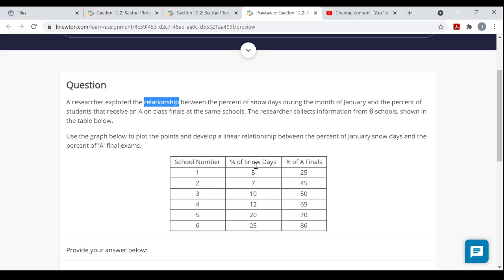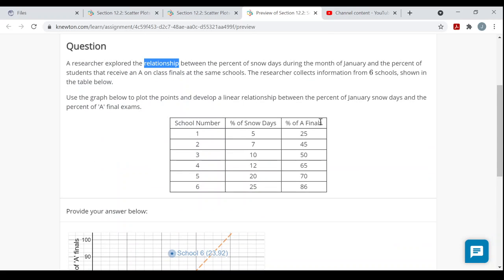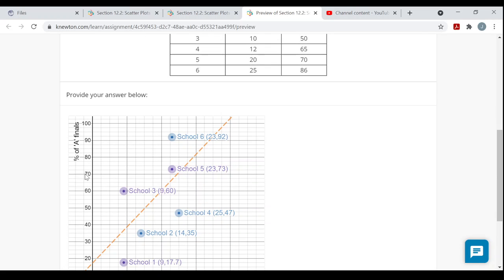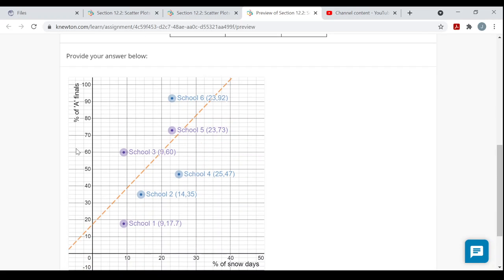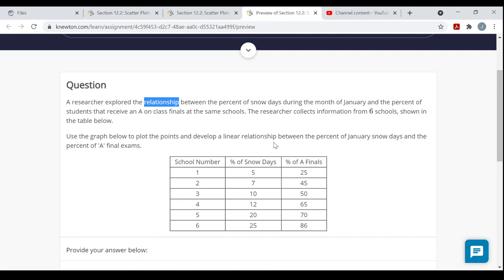The percent of snow days we'll call X. I think they do down here. Yes, percent of snow days is on the horizontal axis. And the percent of students getting an A on finals, we'll call that Y, represented by the vertical axis. The school number is really unimportant. It just tells you how many ordered pairs we're going to be plotting in our scatter plot.